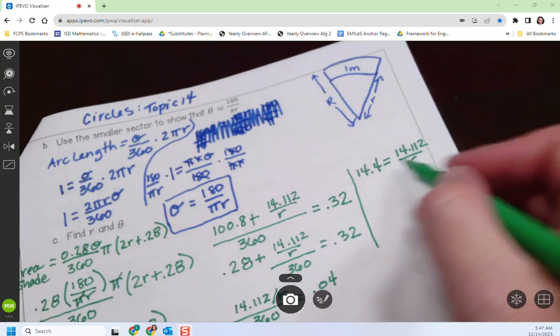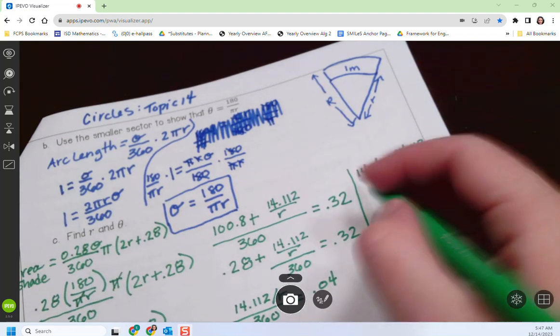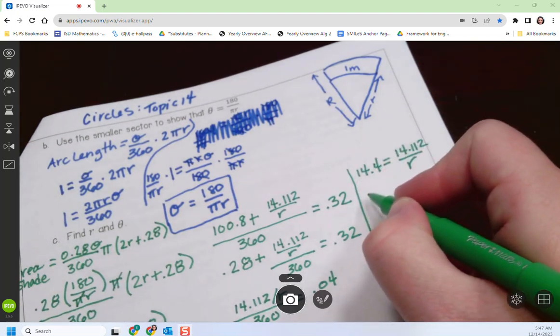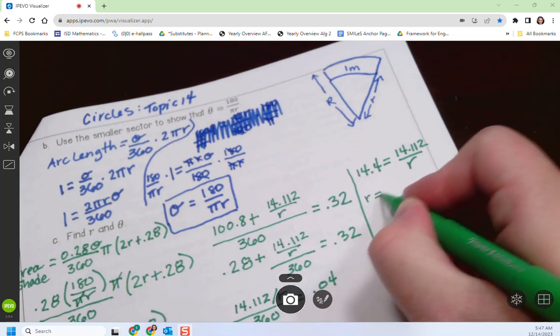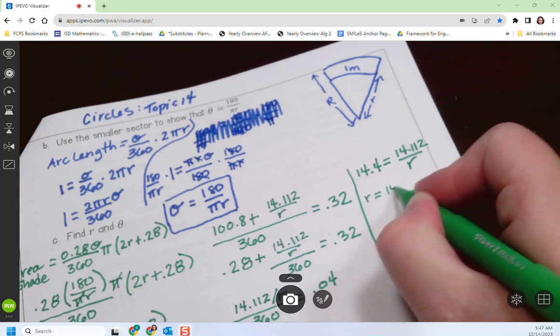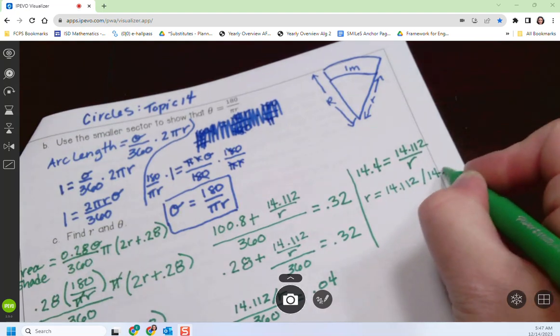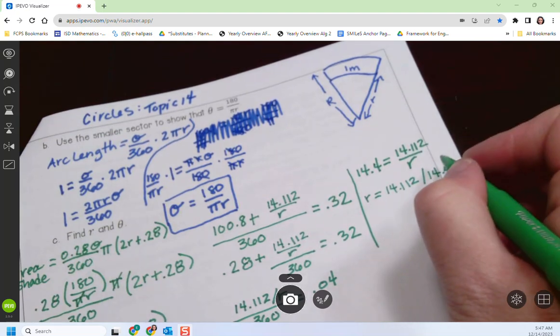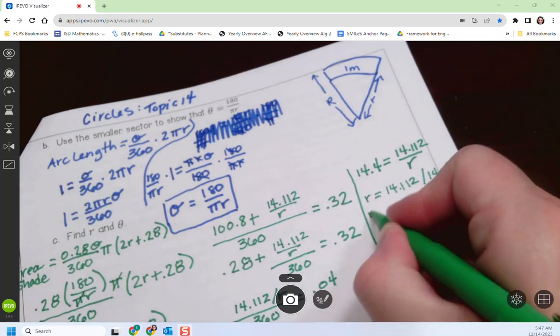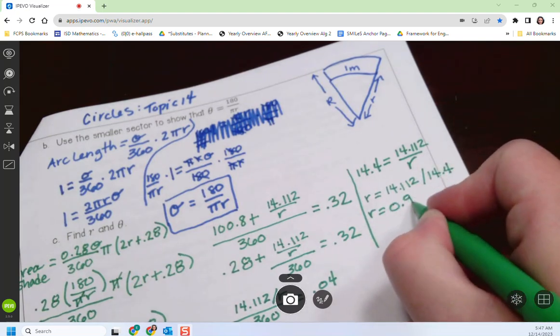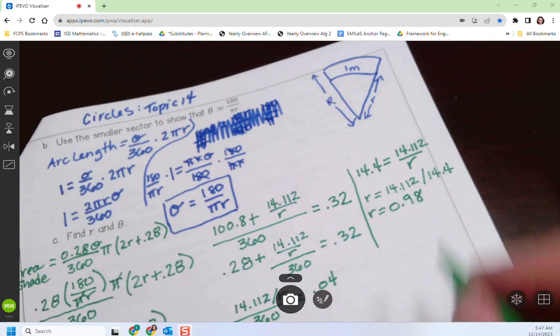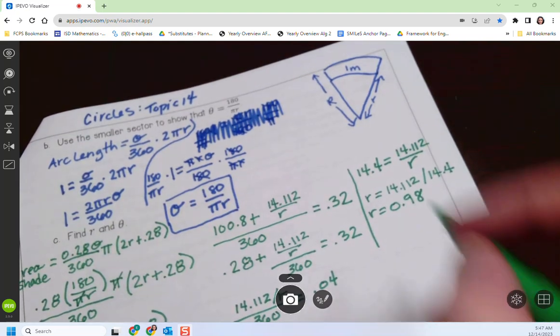All right, so I can multiply both sides by r, divide both sides by 14.4, and I'm going to get r is equal to 14.112 over 14.4, which is about 0.98. So I have a value for r.